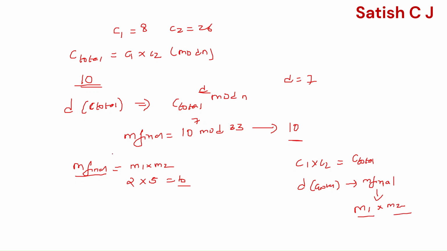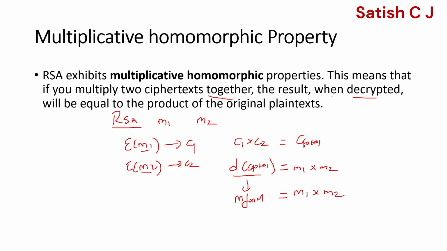So we have verified that M final we received as 10 is equivalent to the multiplication of the two plain texts, 2 into 5. So this is the RSA multiplicative property. If you multiply two ciphertexts together, the result C total when decrypted will be equal to the product of the original plain text. So this falls under partially homomorphic encryption.